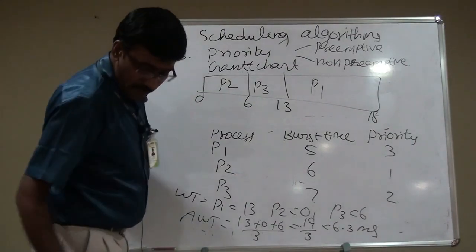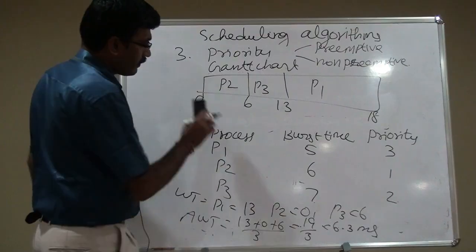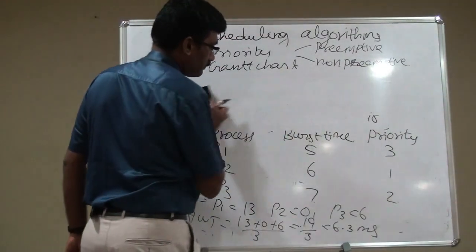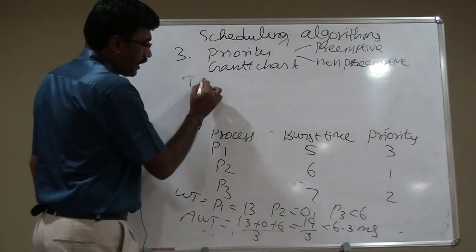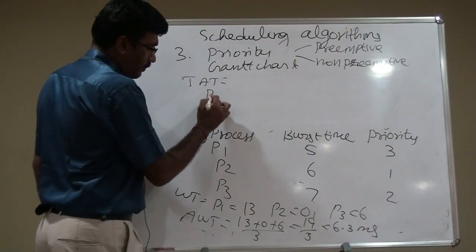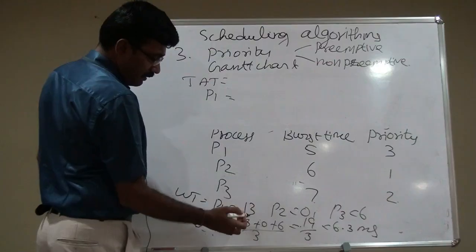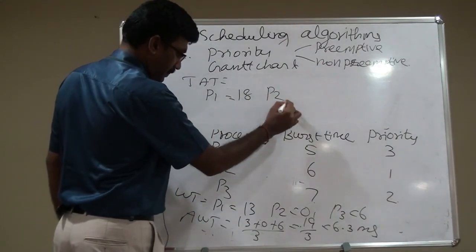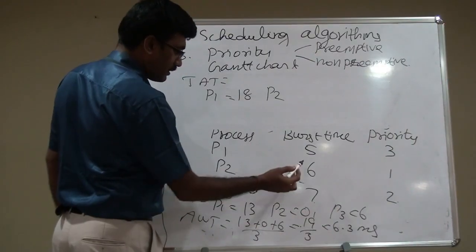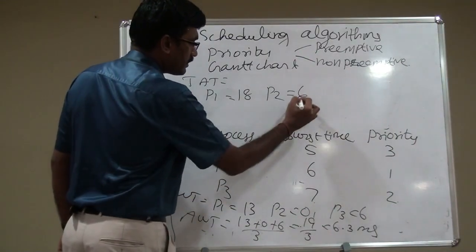Now turnaround time. Turnaround time for the P1 process: 13 plus 5, 18. P2: 0 plus 6, 6.